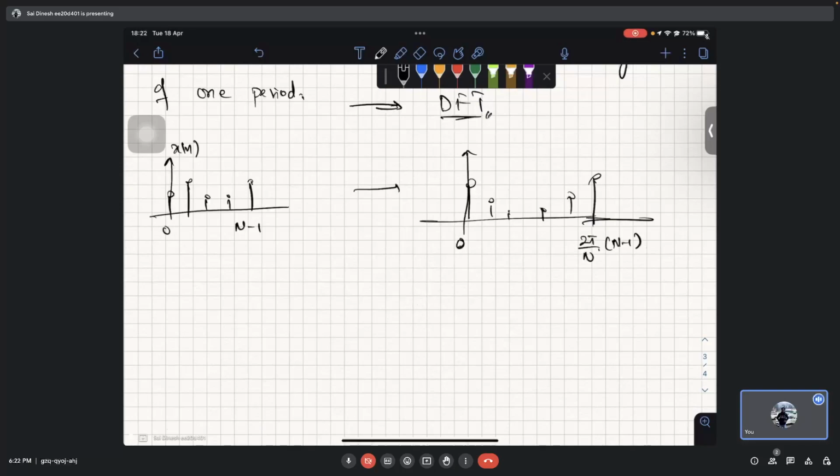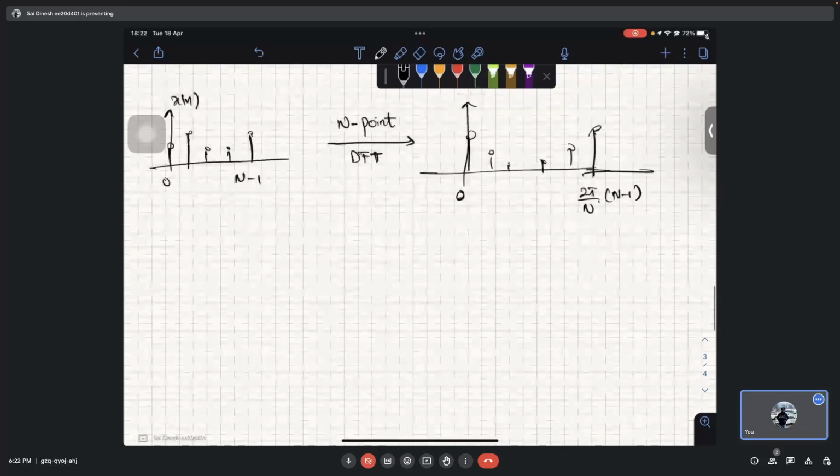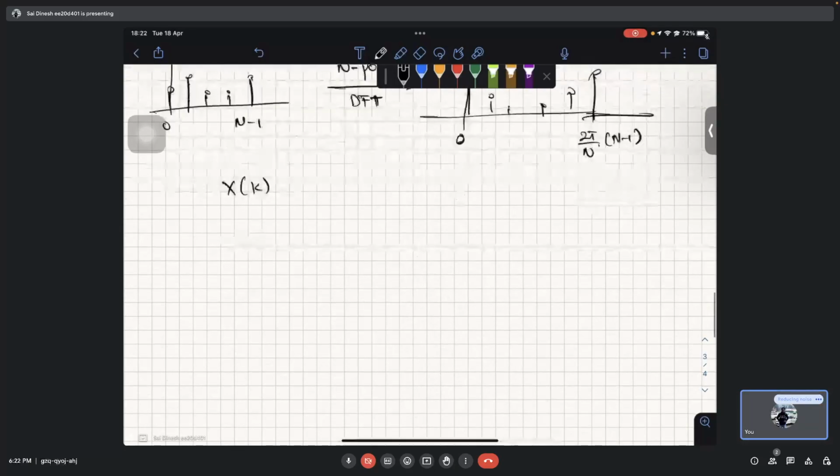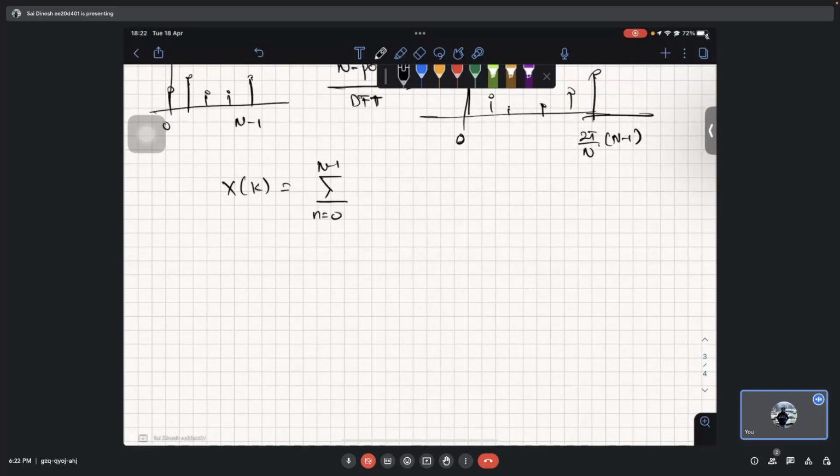So both are N points, in both the discrete time and frequency domains. So this is the N point DFT. The x of k is the sum for n equal to 0 to N minus 1 of x of n e power minus j 2 pi by N kn, and x of n is 1 by N times the sum for k equal to 0 to N minus 1 of x of k e power j 2 pi by N kn.